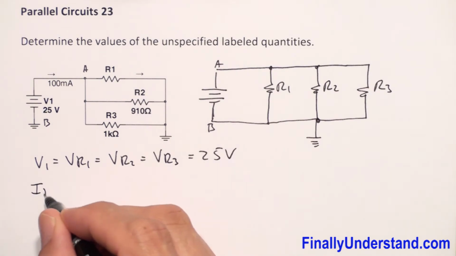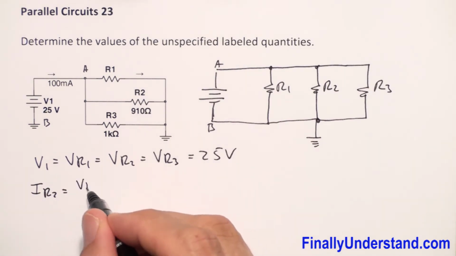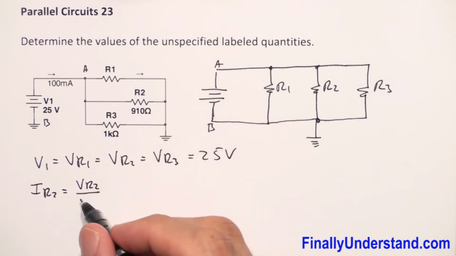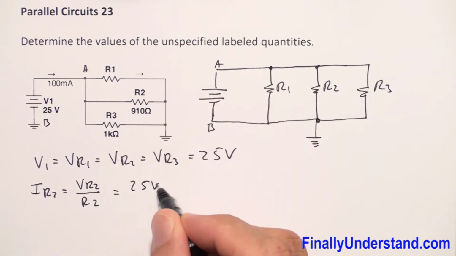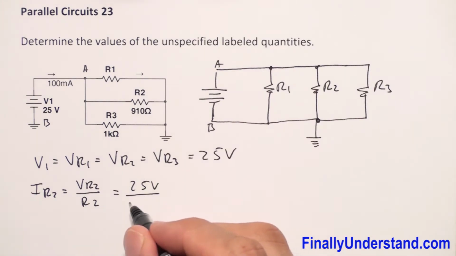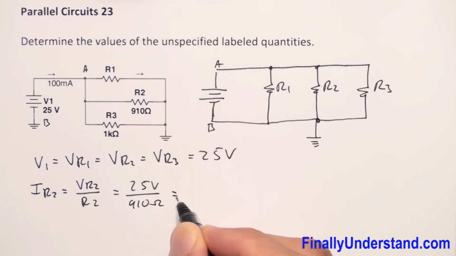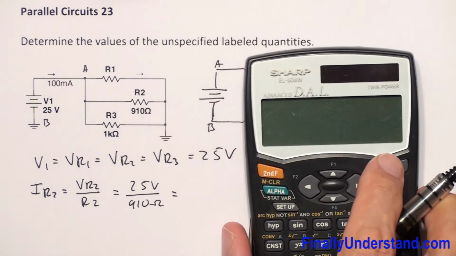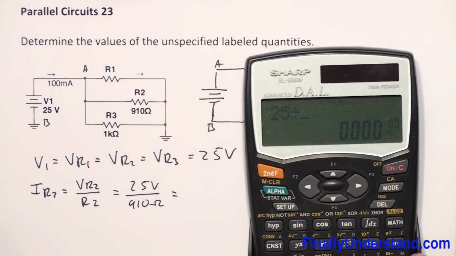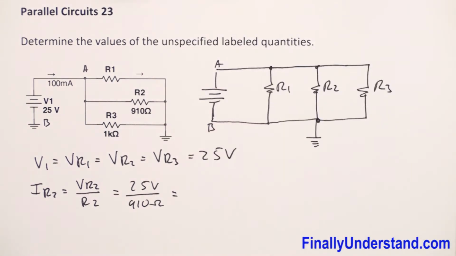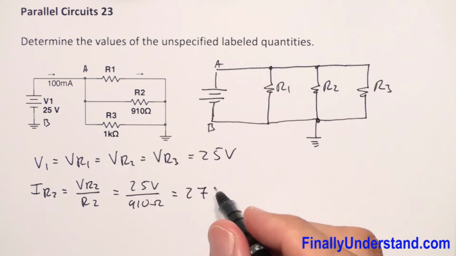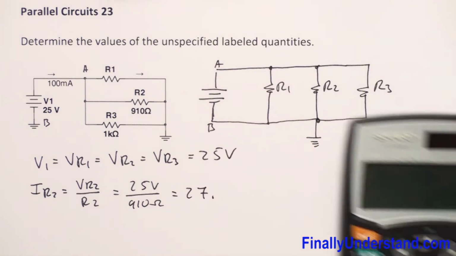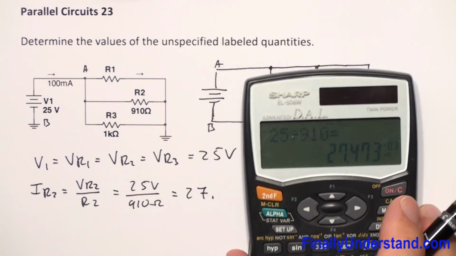So IR2 is equal to VR2 over R2, which is equal to 25 volts over R2, which is 910 ohms. So I have 25 divided by 910, which is equal to 27.47 milliamps.